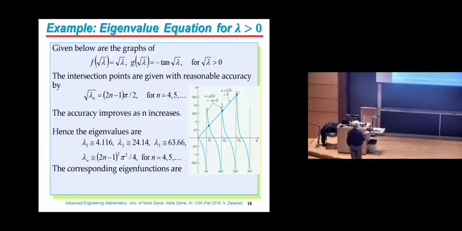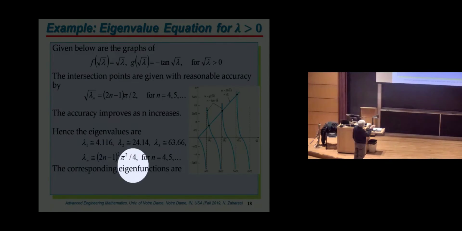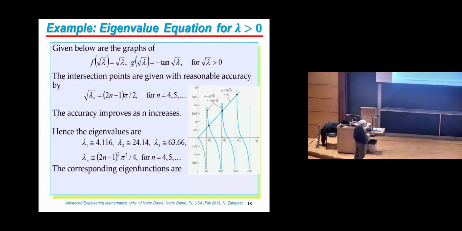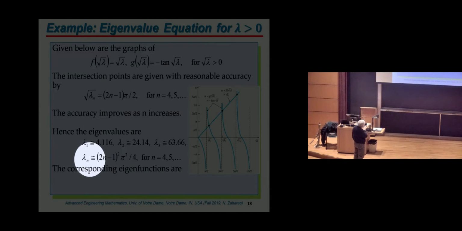Now, if you use a computer program and evaluate this exactly, it's not going to give you this formula. But if you plot it this way, you can see that as n gets bigger and bigger, these values of square root of lambda, where the tangent blows up, correspond to these values that you see here.